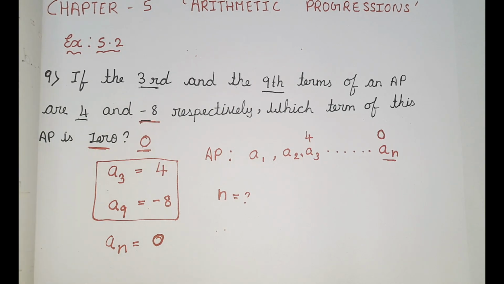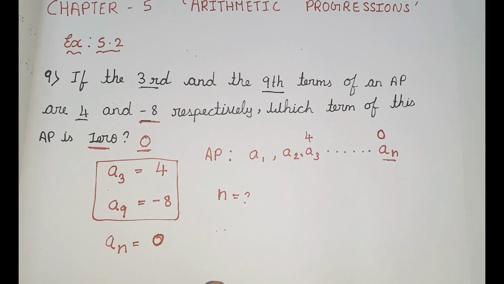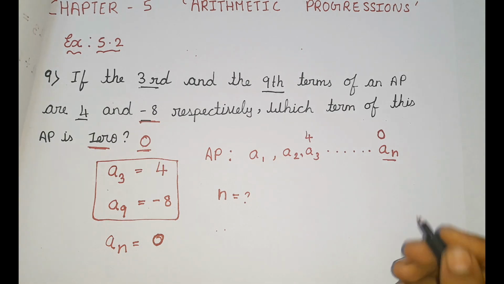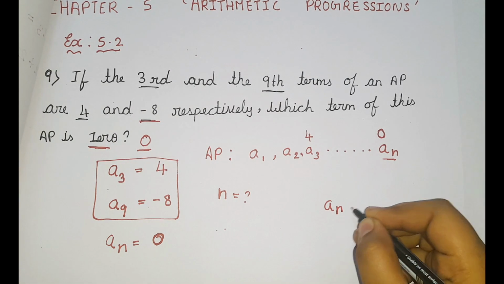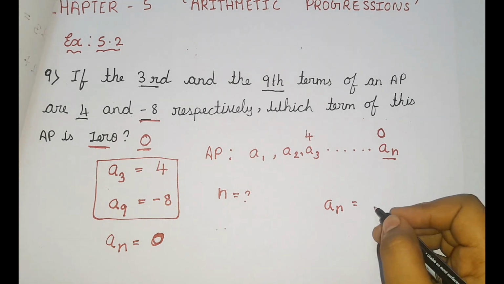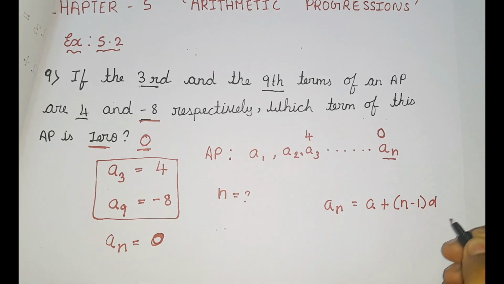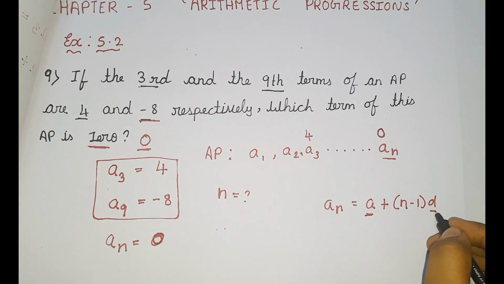To find in which term we will get 0, I am going to solve it by another formula, that is an is equal to a plus n minus 1 into d. I will write it here. Only then will we get to know in which term we get 0. To solve it, I need the a value and d value.